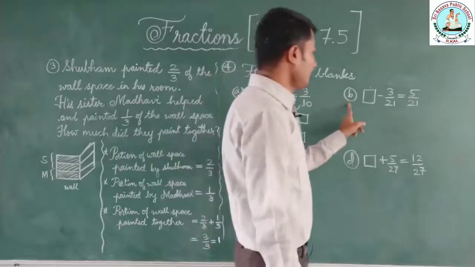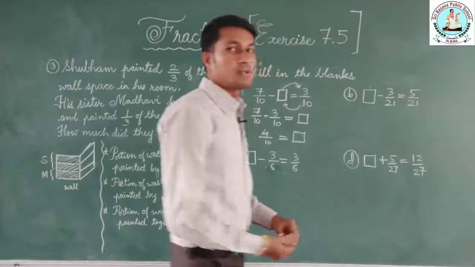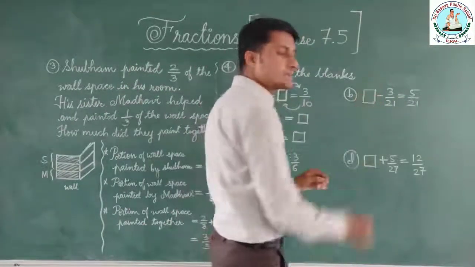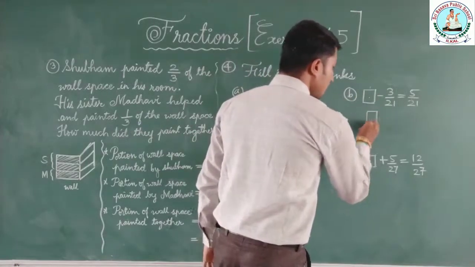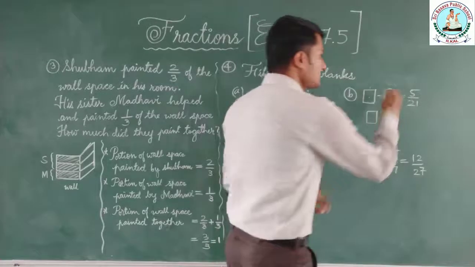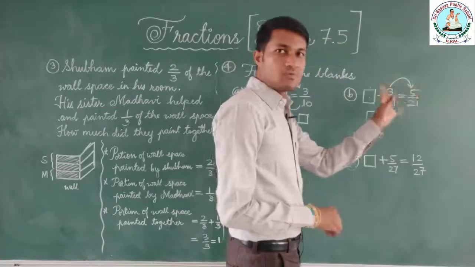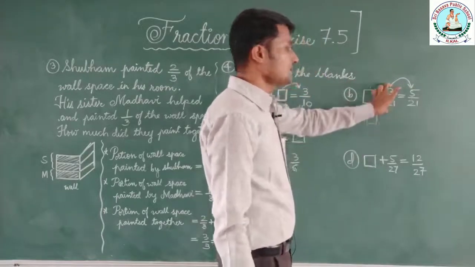Let's go for B. Blank minus 3 divided by 21 equals 5 divided by 21. In such a case, here also do the same. Treat this blank as unknown and keep it on the left hand side itself, but this time you have to transpose this. So take this 3 by 21 here. Let's see what happens. Keep the blank on the same left hand side and take this 3 by 21.